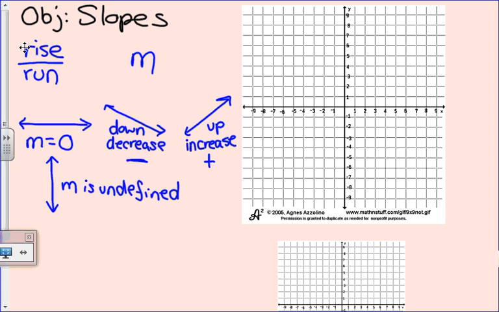I started off in the catwalk. I was flat. That told me how it wasn't very steep. The slope is a measure of steepness. The positive and negative will only tell you the direction, increasing or decreasing.